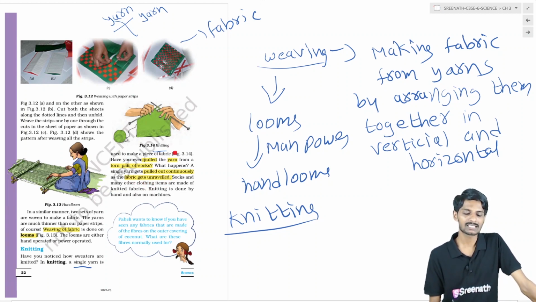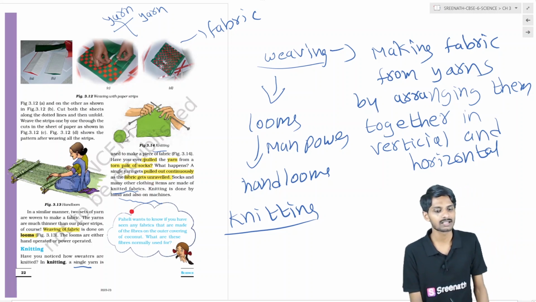Why? Because the sock is made of a single fiber. Socks and many other clothing items are made of knitted fabrics, which means they are made using one single fiber only. Knitting is done by hand and also on machines.